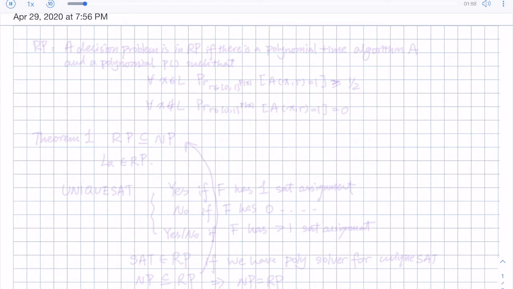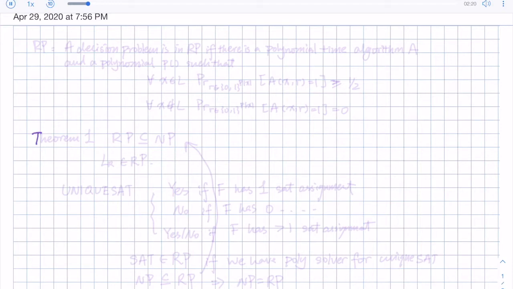Then if the instance is not in the language, the algorithm will never answer yes to this instance. So it will always reject instances that are not in the language, but it will sometimes answer correctly and sometimes answer incorrectly for instances that are in the language.